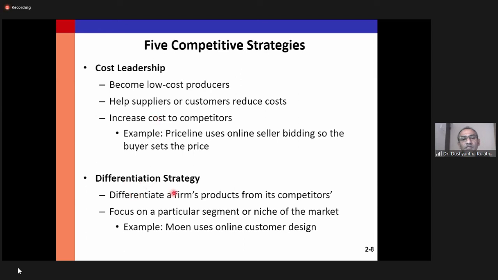Then differentiate a firm's products from its competitors. Focus on a product, a particular segment or niche of the market. These are two aspects which you can focus on. You can make certain changes to the key features of a particular product.